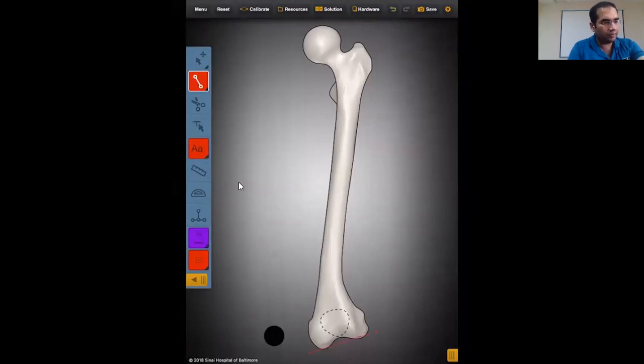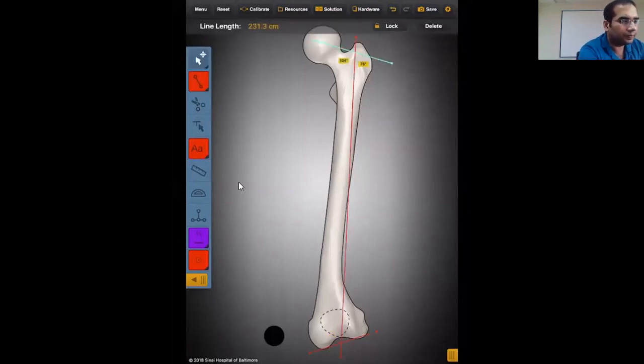So quickly, I'm going to draw a few lines. There. As you can see, the angle is 85 degrees. The mean is 90 and the lateral distal femoral angle is 78 degrees. So there is a valgus.